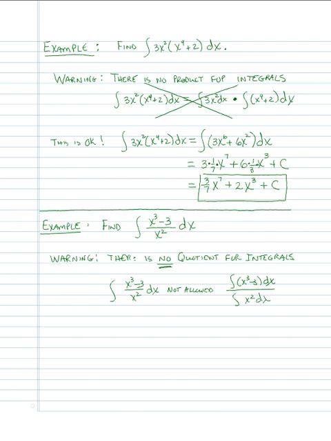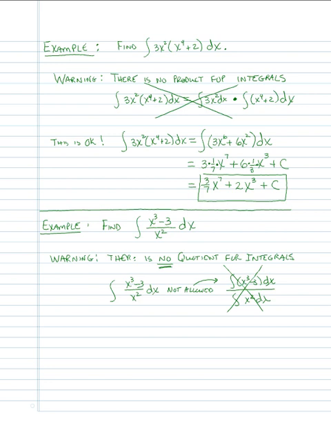Whether you write it out or not, you can't find the integral of a fraction by taking the integral of the numerator and the integral of the denominator. So in other words, you're not allowed to do this. Don't ever do it. Don't make up that rule because it's not okay.